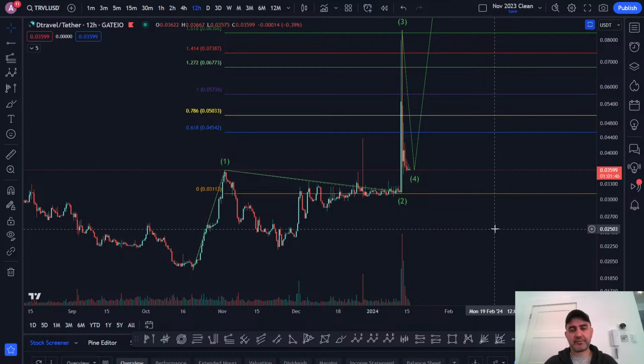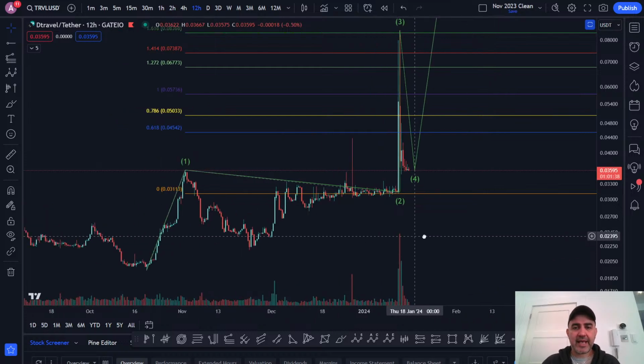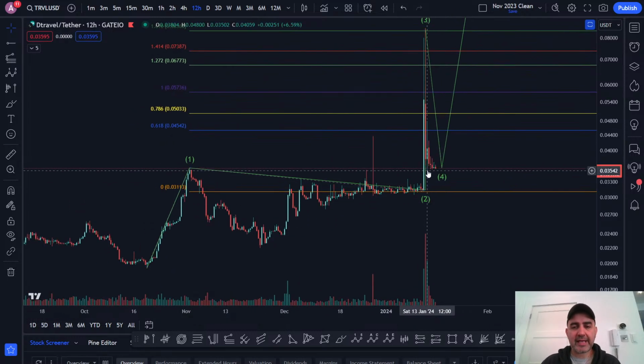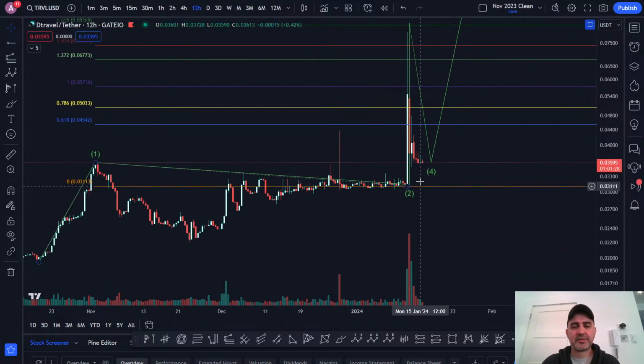I can't tell you if it is or if it isn't, but it does look like it is. It looks like it's trying to hold. And as time passes, it will hold. Does that make sense? So we just need time to pass, and the longer it holds, the more it will hold.